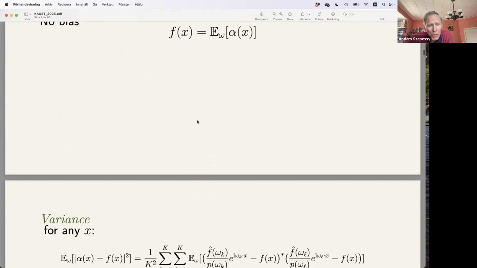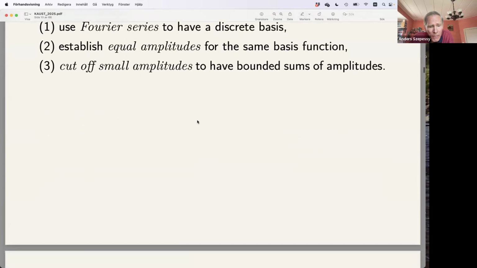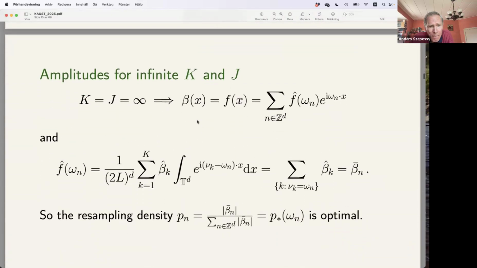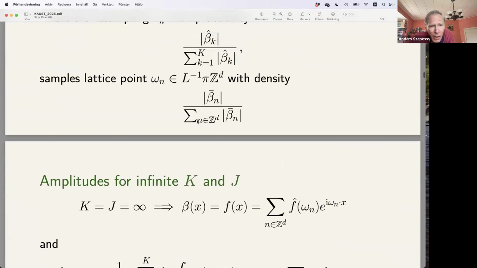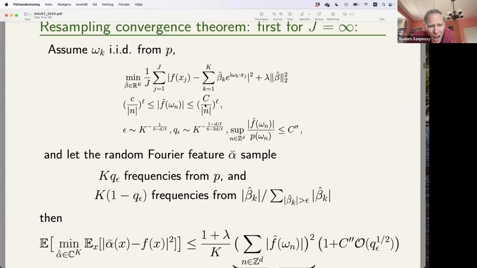Okay, so if we want to be precise about details here, the proof, yeah, let me go to the assumptions here. Suppose we are in high dimension, then one may ask, when does the Fourier series converge pointwise?